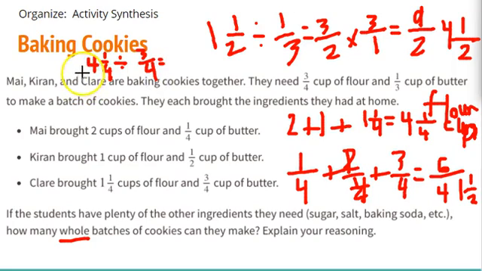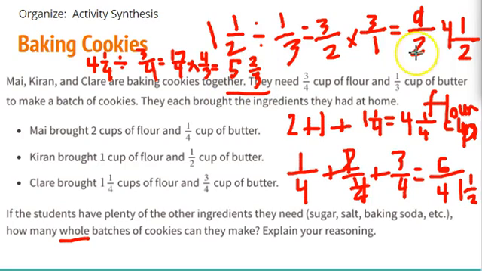So that would be 17/4 times 4/3. The 4's cancel out, so now we have 17/3. 3 will go into 17 5 times, leaving us with 5 2/3 batches.